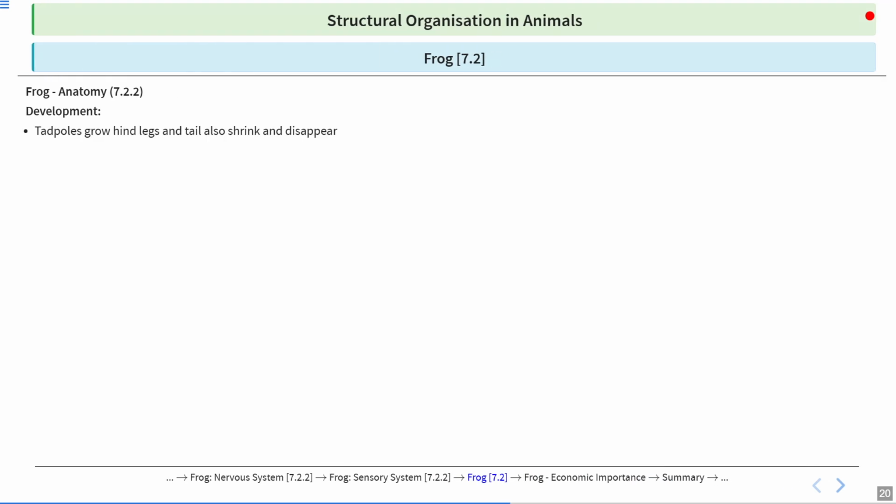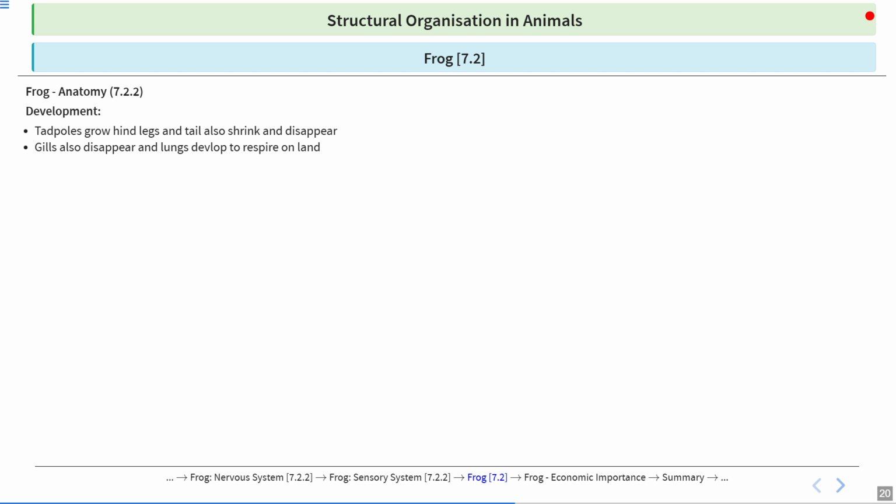The tadpole grows hind legs, and the tail shrinks and disappears. Slowly, first the hind legs come out, and then the forelegs, and the tail shrinks and disappears. Gills also disappear and lungs develop to respire on land.